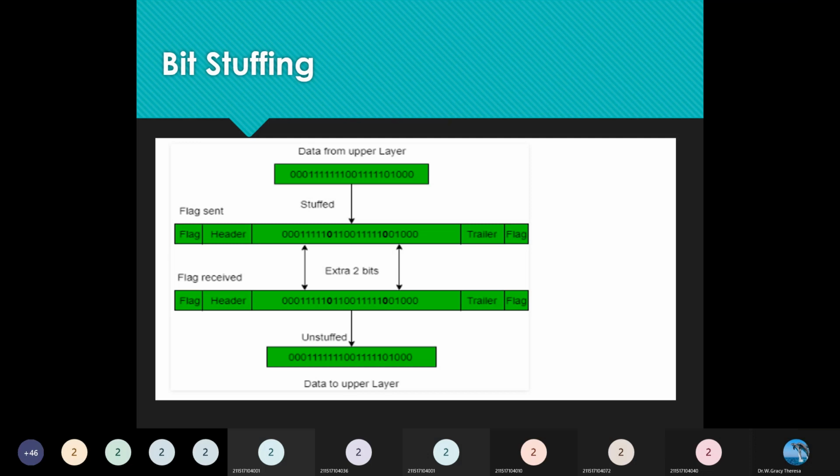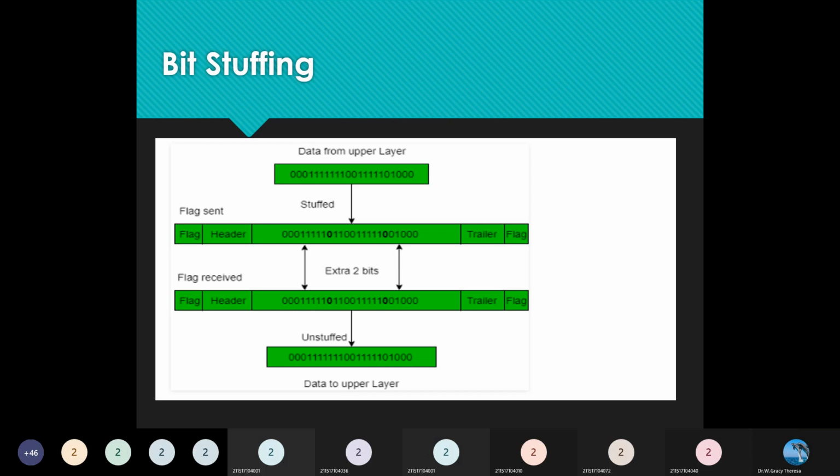Instead of six 1s, we choose only five 1s, so we minus 1. So we have five consecutive 1s, and we add a single 0, a single bit to be stuffed. That is bit stuffing. We stuff a single 0 after the five consecutive 1s.